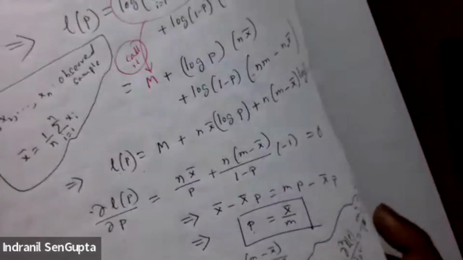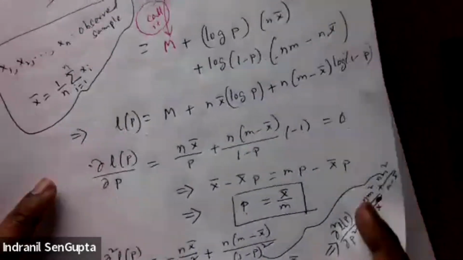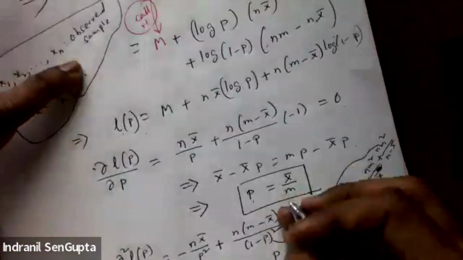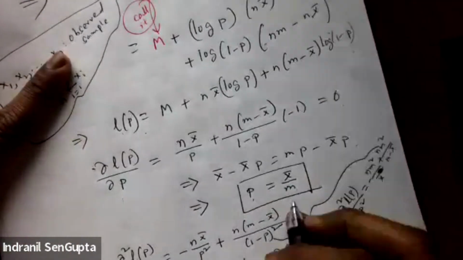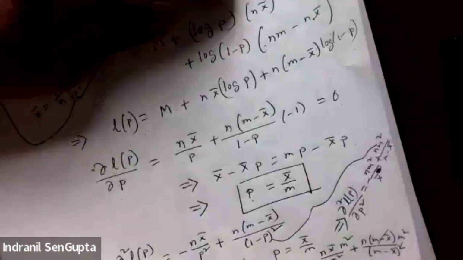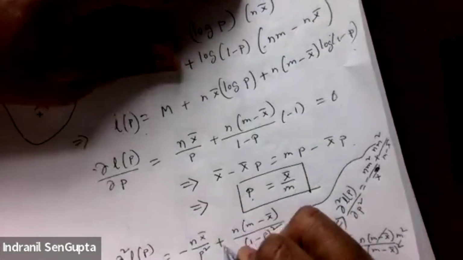See, it's very easy to show this. I think I made a little error somewhere in the calculation. So when I take the second derivative, the first one is fine. The second one has got to be negative, right?